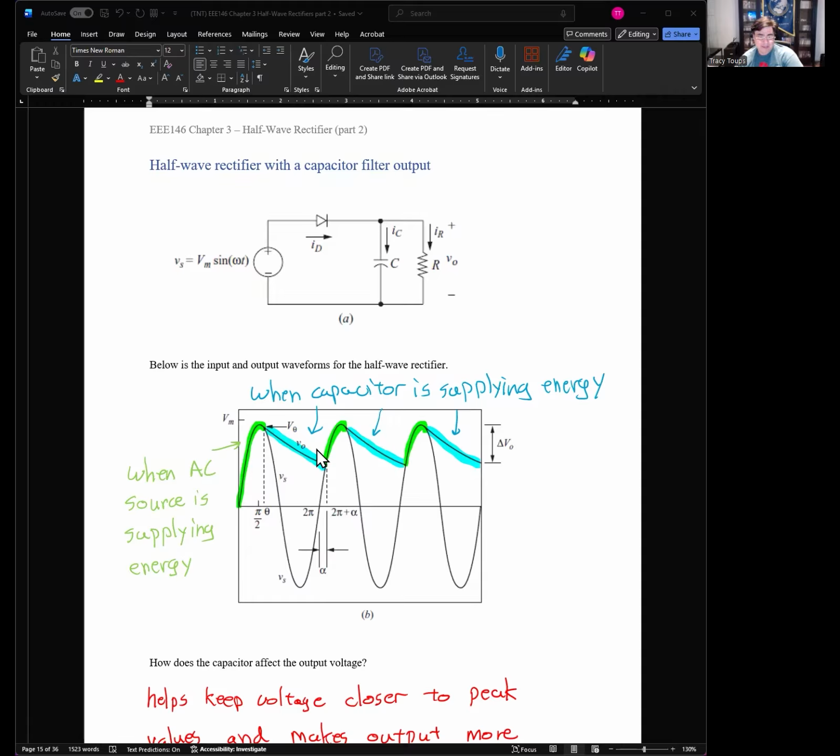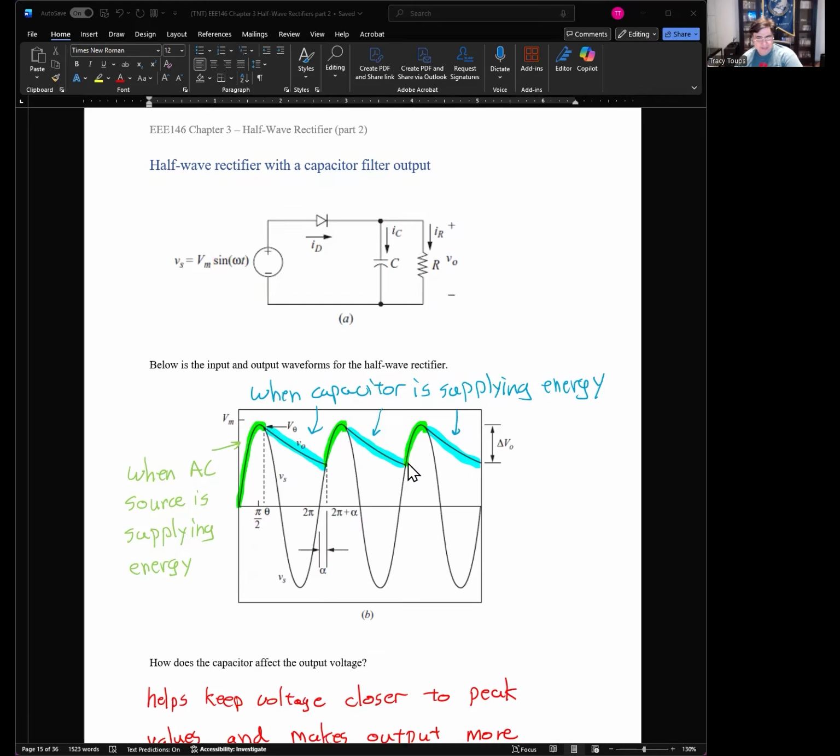And so the capacitor will bridge over the voltage to keep it positive until the next AC waveform comes about right here. So the AC waveform returns from the source, and then we supply the output voltage. We pick it back up to its maximum, and then the capacitor comes in and takes over.